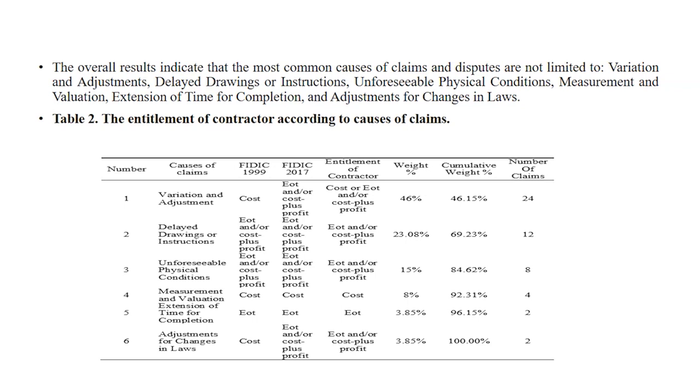Number 6, adjustment for change in law. This clause is different in different versions of FIDIC, FIDIC 99 and FIDIC 2017. Maybe the contractor's entitlement is cost, and in the different versions maybe extension of time, EOT.